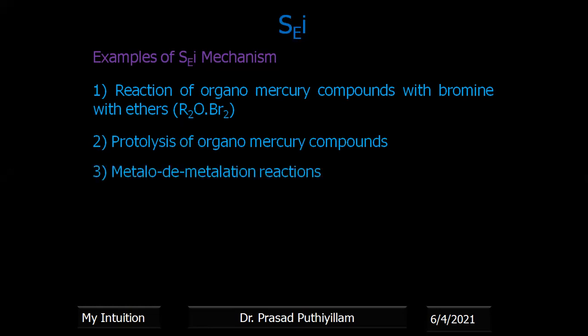Third, metallo-demethylation reaction, that is, removal of a metal by using another metallic compound. Fourth, iodination of alkyl mercury iodide, addition of an iodine atom to an alkyl group in the presence of mercury iodide. We will see them one by one.